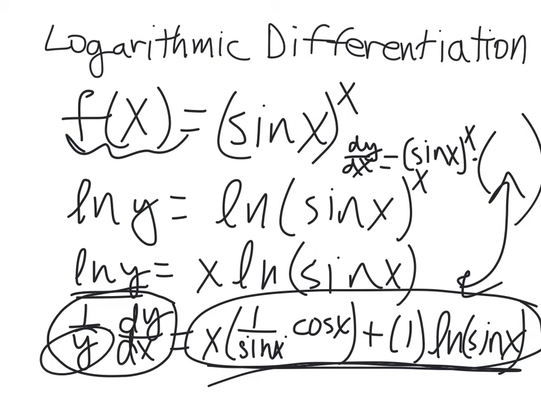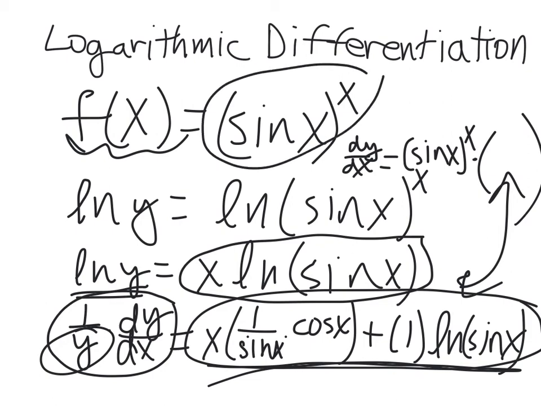You could have put sine of x on bottom and just left the x on top, couldn't you? No. This is what we were looking at for L'Hopital's rule. So to get it in that 0 over 0 or infinity over infinity, we had to rewrite it. But if we're just looking for the derivative of this entire function, this is when we have to use logarithmic differentiation.